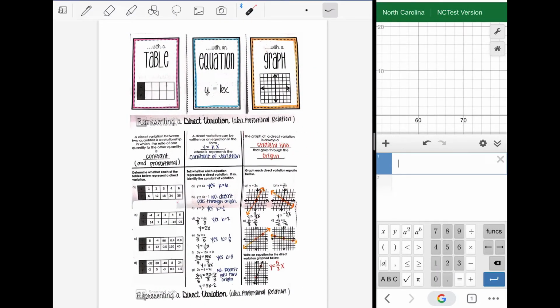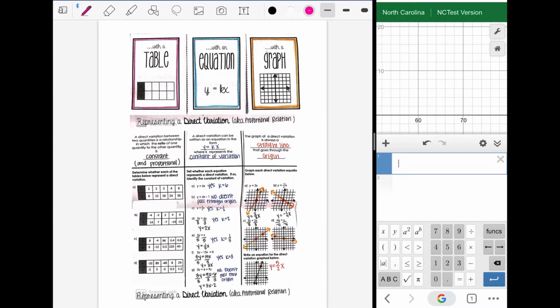For direct variation, there are three representations of any relationship. Those three representations are a table, an equation, or a graph. So we're going to look at all three representations of the relationship between x and y when they represent a direct variation relationship.